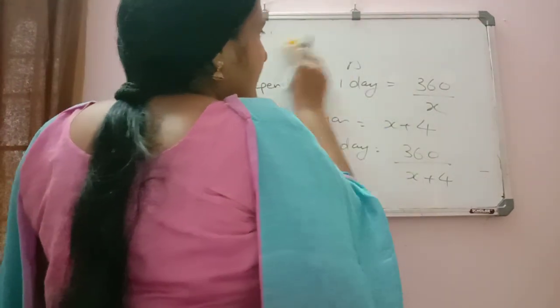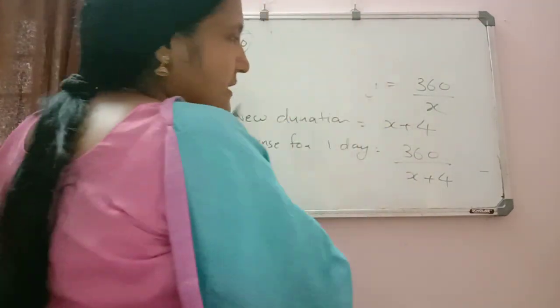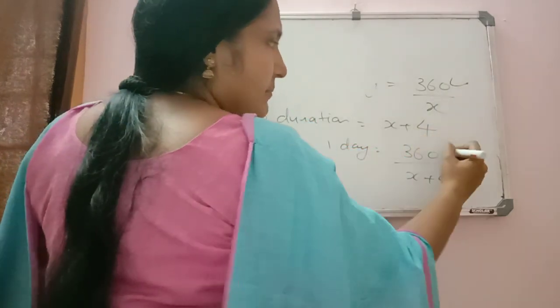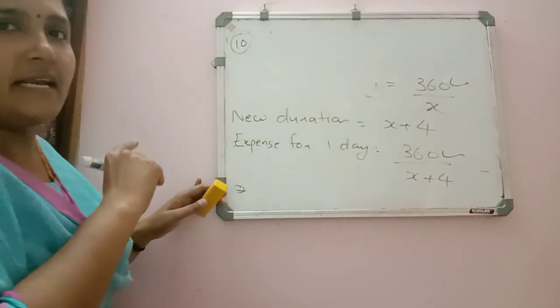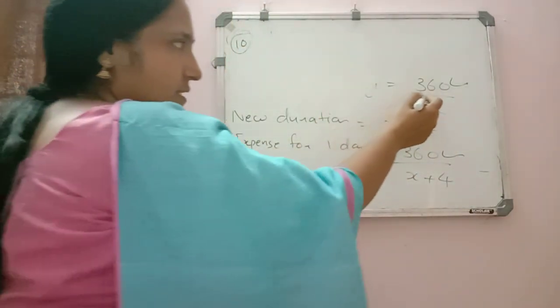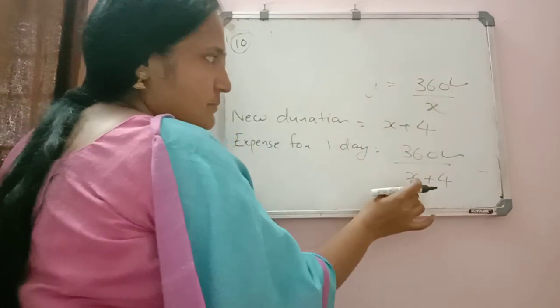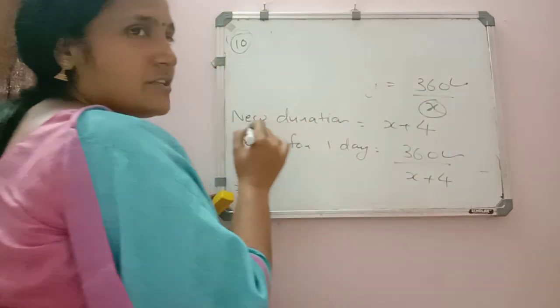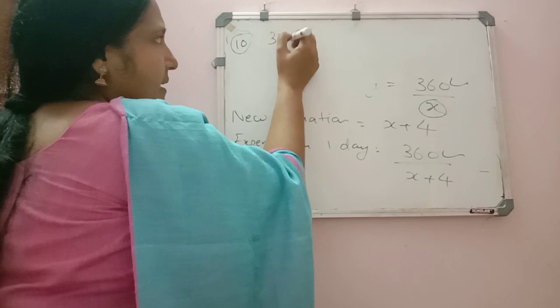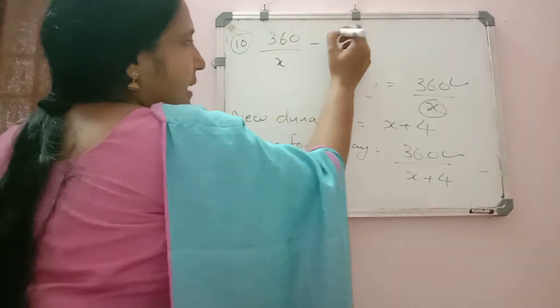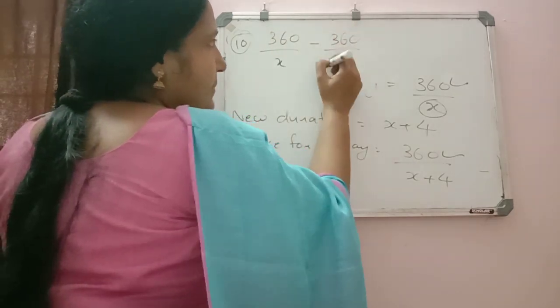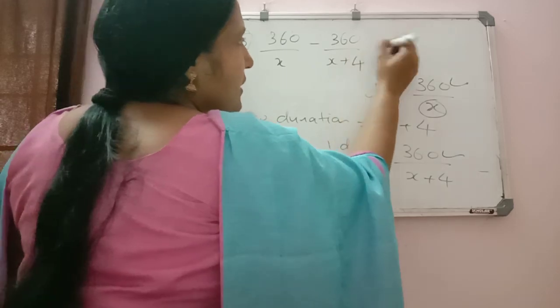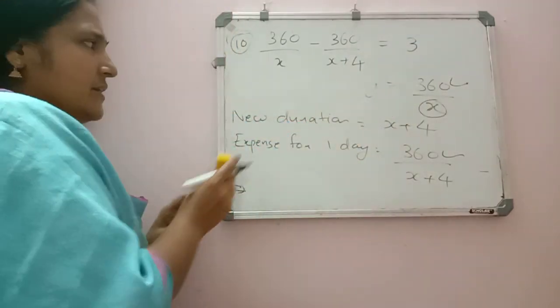Which one is greater, that we have to check. The numerator is the same, so the smaller denominator will give the greater value. Between x and x plus 4, obviously x is smaller. So 360 by x minus 360 by x plus 4 is equal to 3.